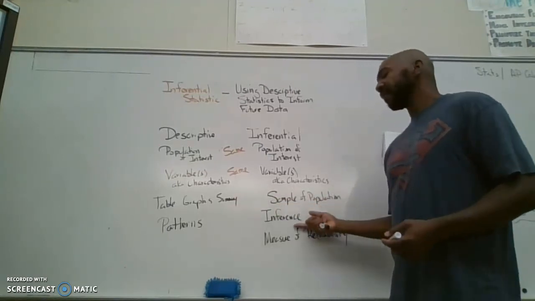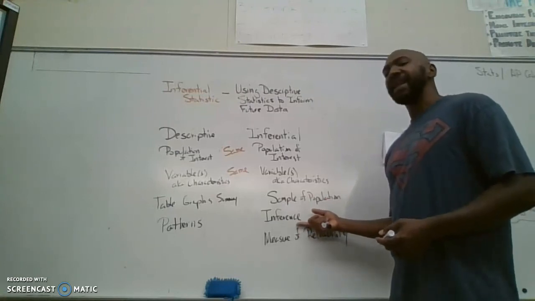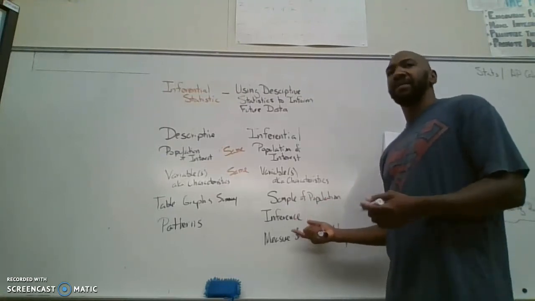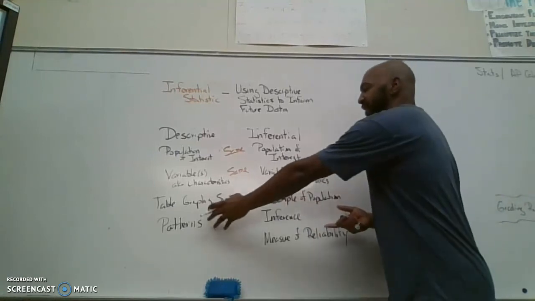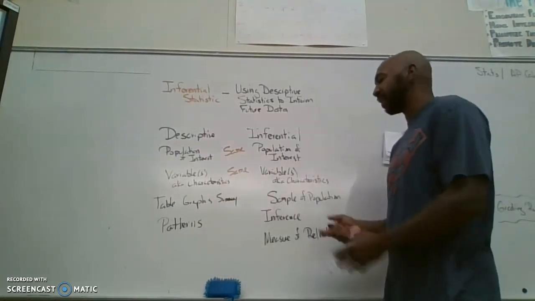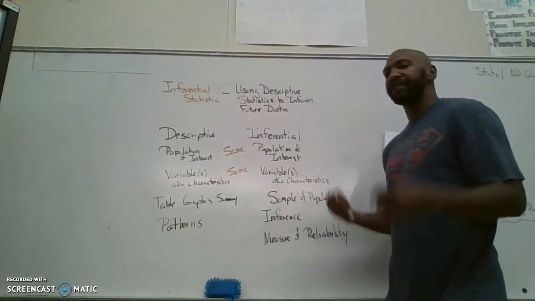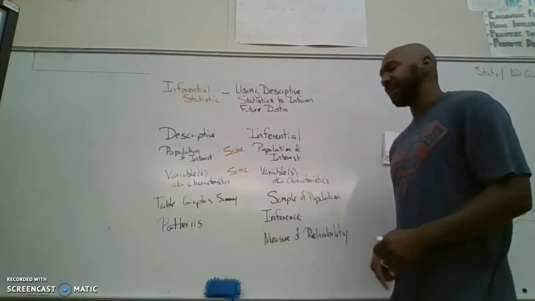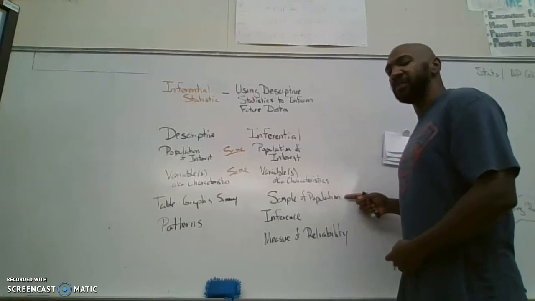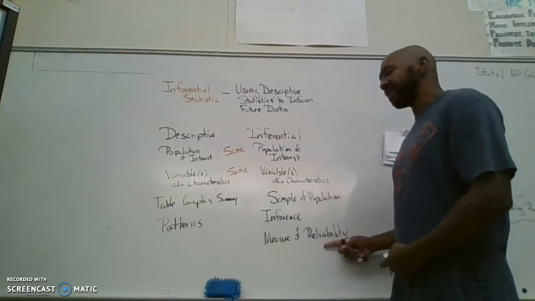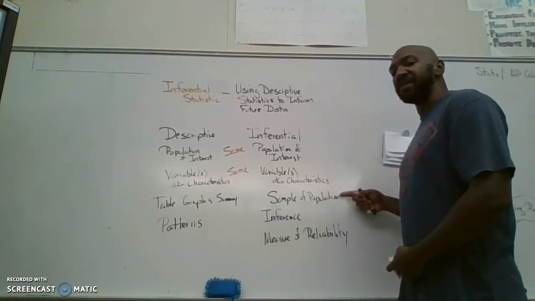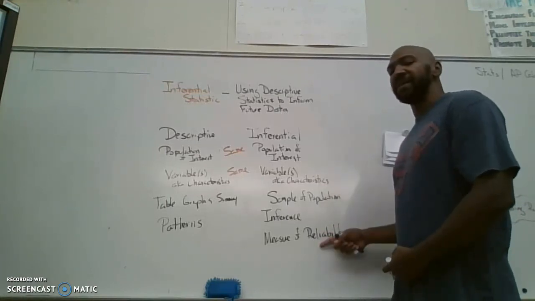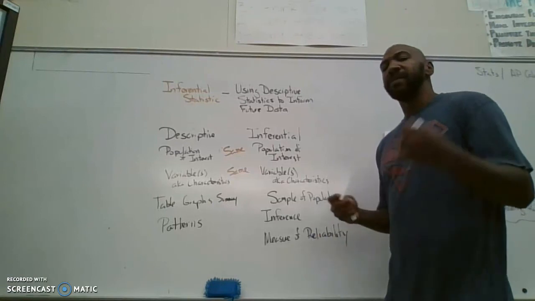Okay? Now, from my sample, I need to then actually make an inference. I believe based on this sample, based on this information, tables, graphs, and patterns, this is what's going to happen. Okay. So lastly, let's say, for instance, I sample 2 people. Should my measure of reliability be better or worse? Well, if I sample 500 people, then my measure of reliability should be better than me sampling 2.